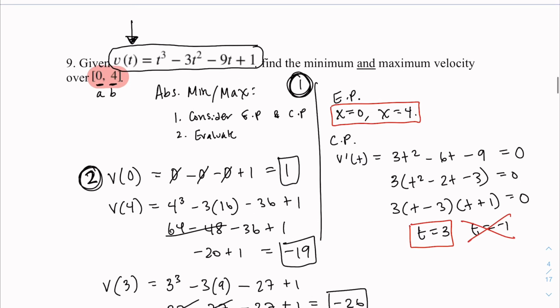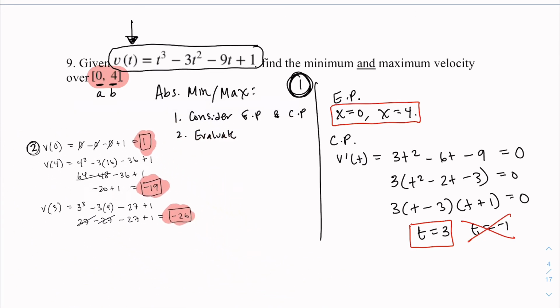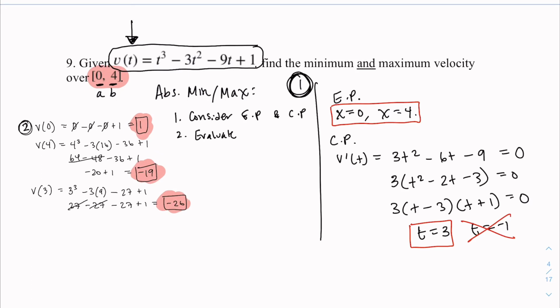Great. So we can now compare these values and write our conclusion. Okay, so we can say the maximum velocity is 1 at t equals 0.